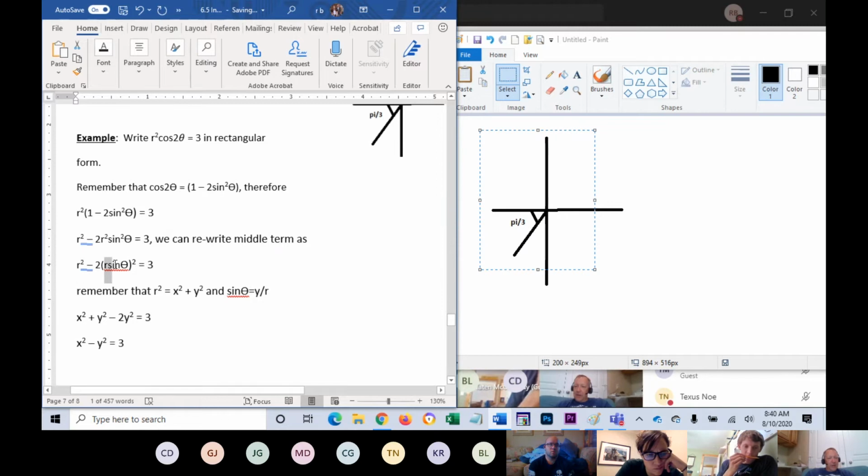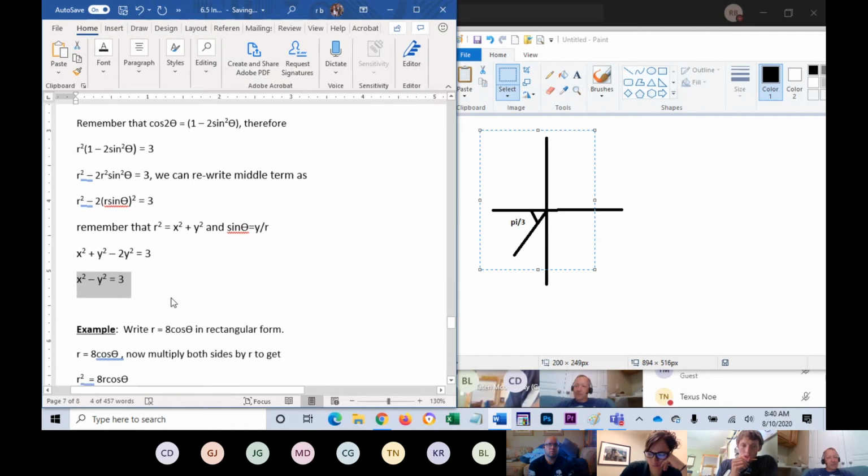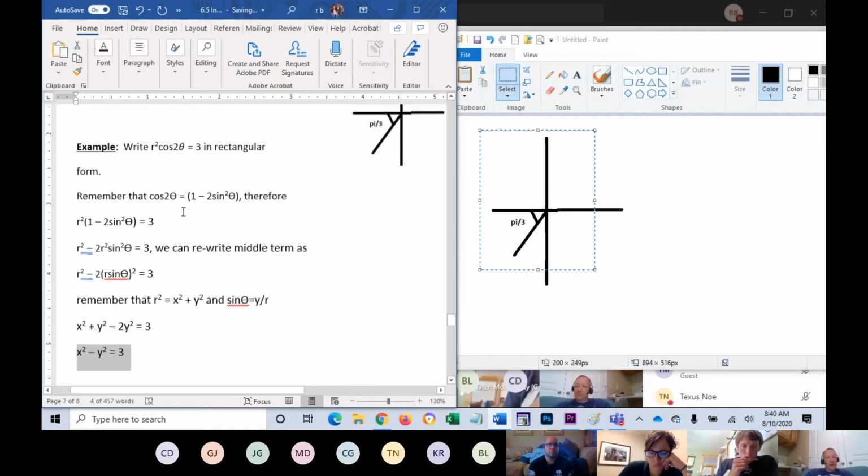And r sine theta is just y. So now I've converted this to x squared plus y squared minus 2y squared equals 3. And therefore x squared minus y squared equals 3. So that was a fun one, okay? This one we get to remember our identities, which we've forgotten, especially that one.